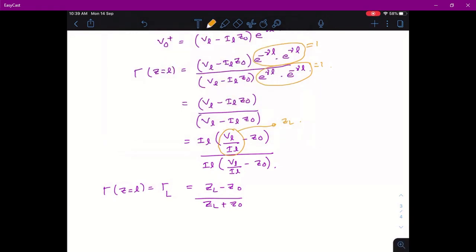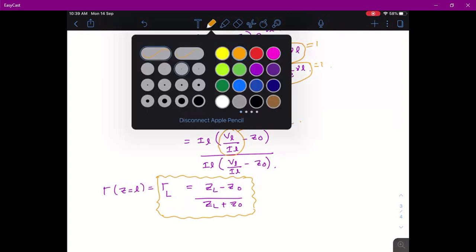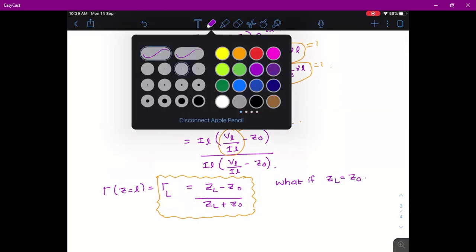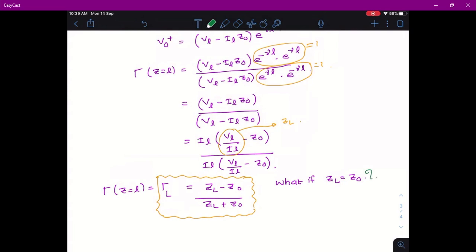So, this is the reflection coefficient at the load. Okay. So, if you look at this expression, what if the load impedance is equal to the characteristic impedance? What happens? You see that tau L is equal to 0 by 2 Z0, that is equal to 0, means the reflection is 0.